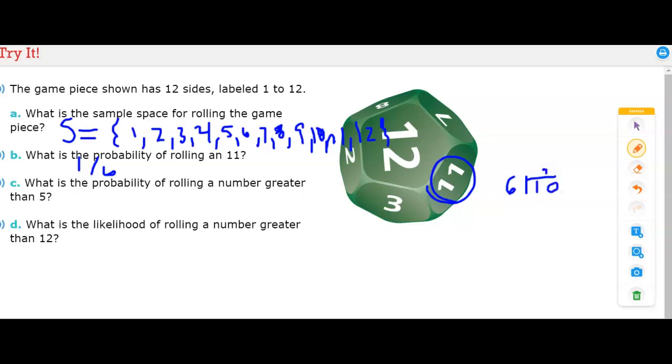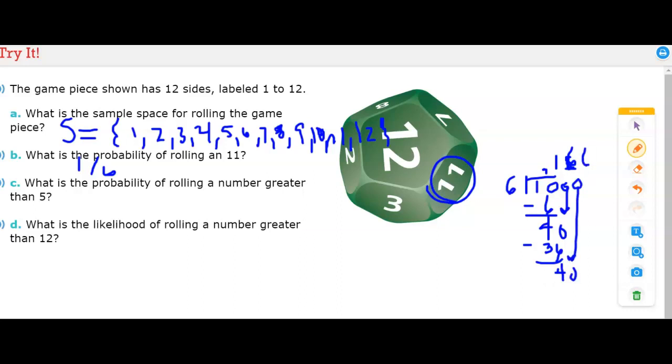Add a 0. 6 goes into 10 once. That's 6. That's 4. Add a 0. 6 goes into 40 6 times. And that's going to be 36. That's 4 again. If we add another 0, it will give me again a 6.